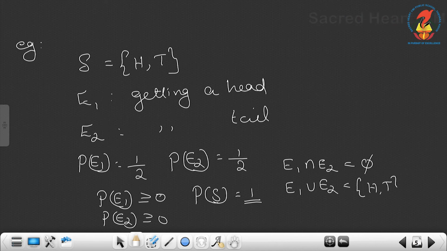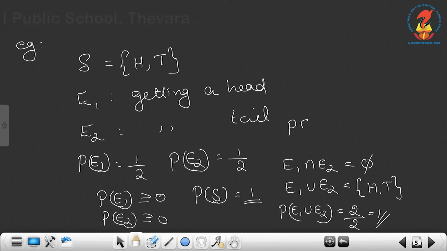H comma T. So what is P of E1 union E2? Total is 2 out of P of S. In S, how many outcomes? 2. So P of E1 union E2 is 1. What is P of E1 plus P of E2?